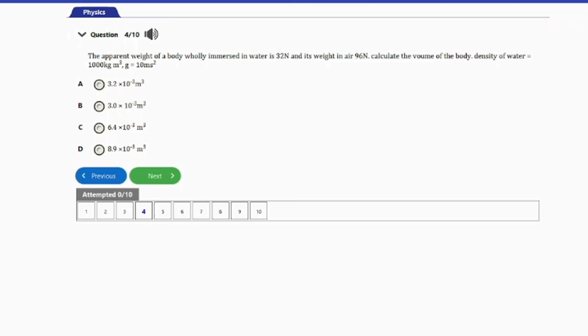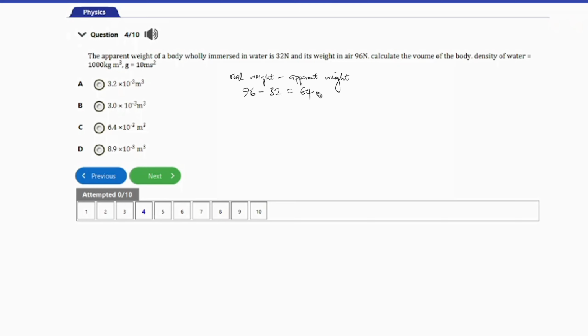So guys, considering this, the upthrust, which is the weight of the fluid displaced, is going to be the real weight minus the apparent weight, which is 96 newtons minus 32 newtons. That's 64 newtons.